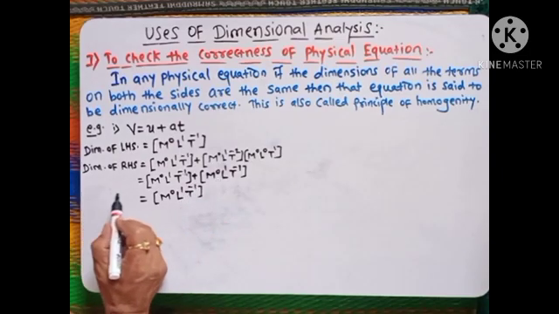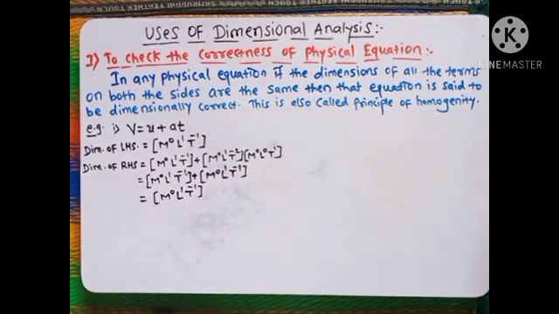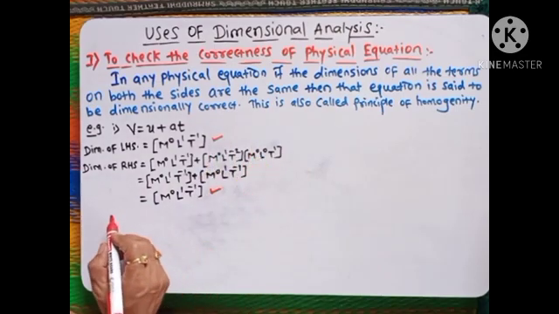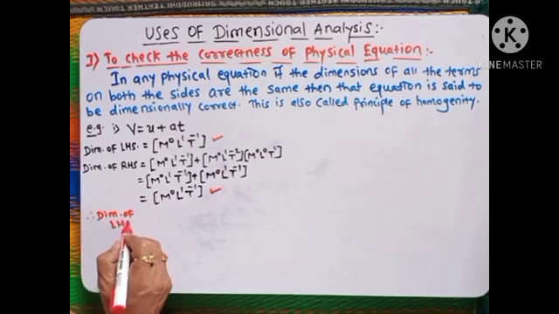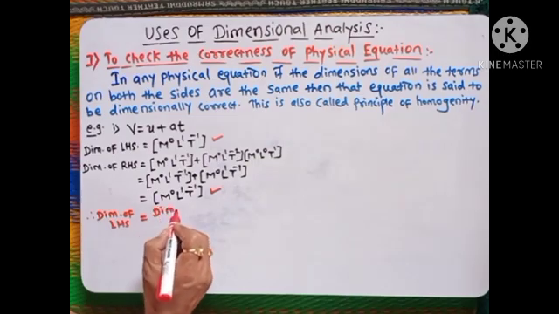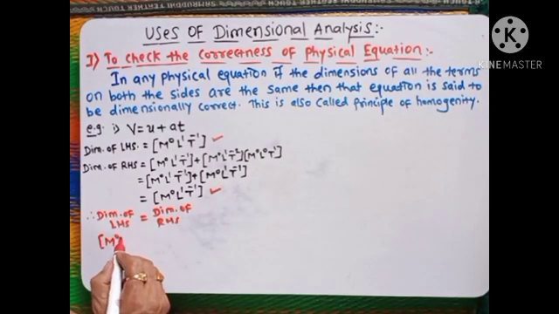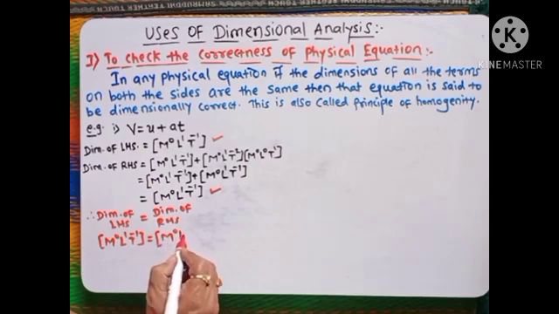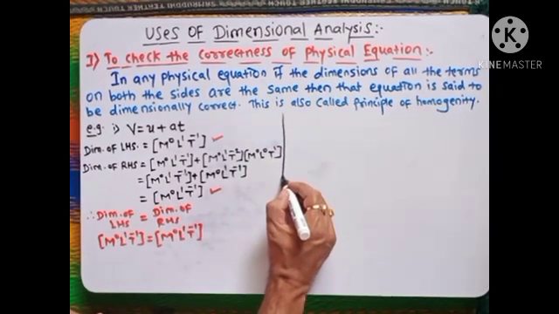That means the dimensions of RHS is equal to M0 L1 T minus 1. So the dimensions of LHS are equal to the dimensions of RHS, M0 L1 T minus 1, and therefore the given equation is dimensionally correct.